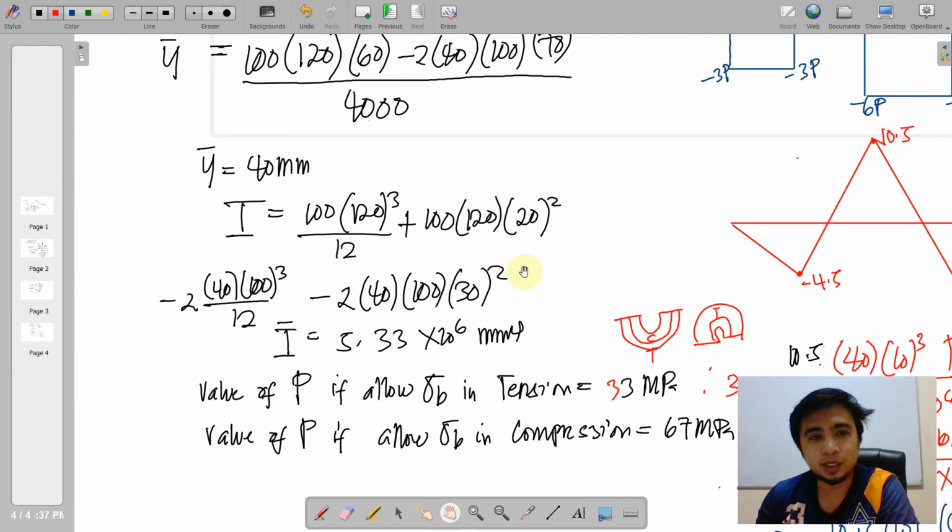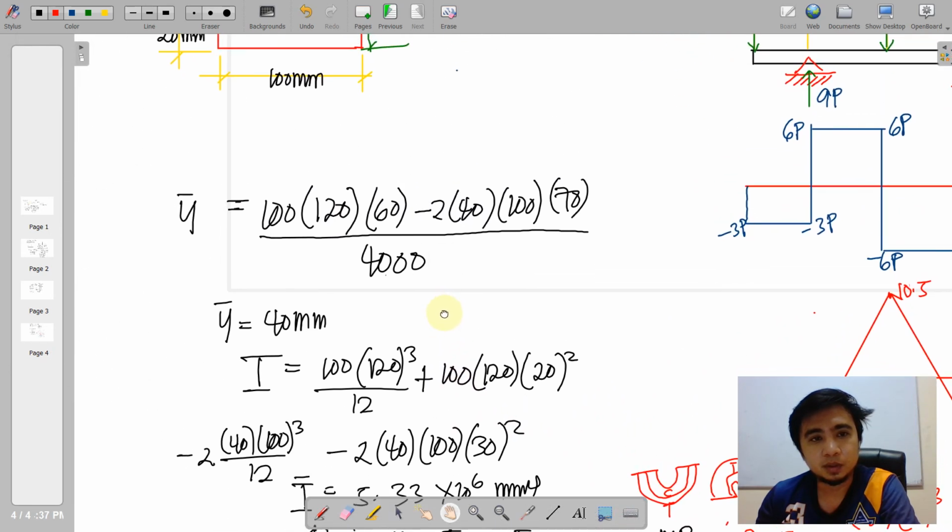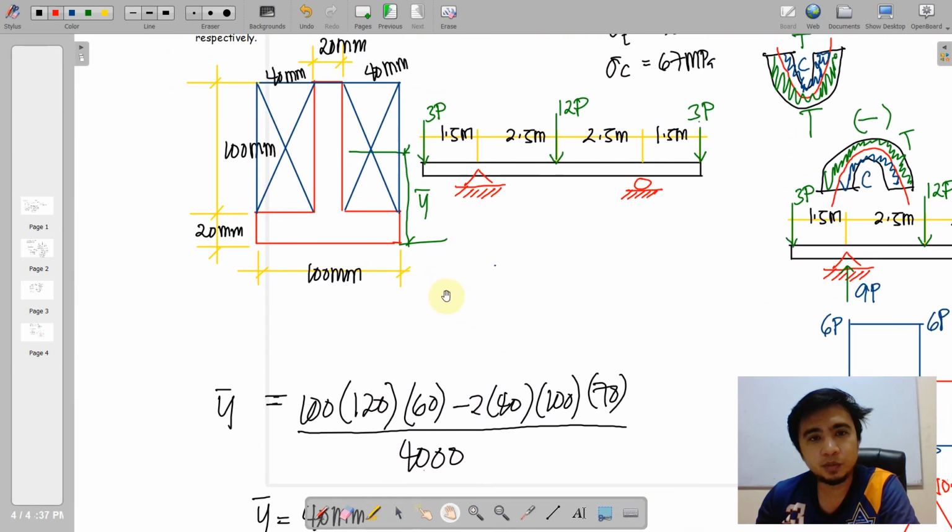So where's that? So it came from your calculation of y bar. Of course, your y bar at the bottom, or the distance at the bottom, is 40. And the remaining distance here is 120 minus 40, that is 80.